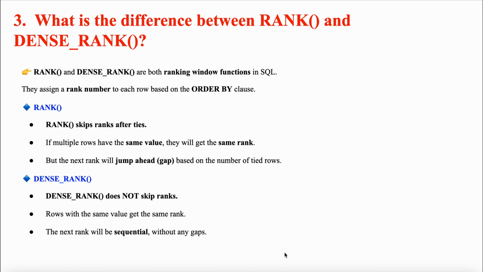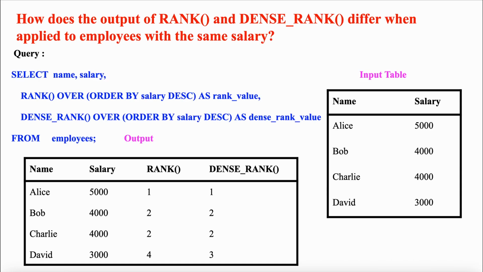Dense rank does not skip ranks, it gives continuous sequential ranks, and that's the difference between rank and dense rank in SQL. Let's see how the output of rank and dense rank differs when we apply them on employees who have the same salary. Here's the query we are using.